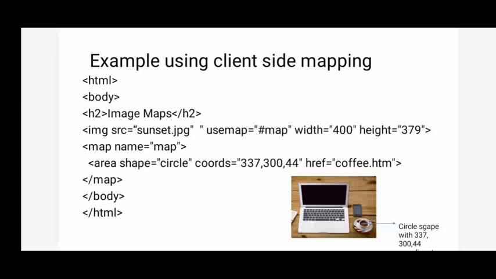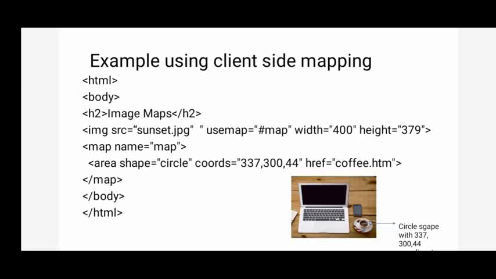Coordinates: from left you see 337, from top you see 300, and the radius you see 44. I have not given the right and bottom separately; left and top I have given, and the remaining area is considered as the right.